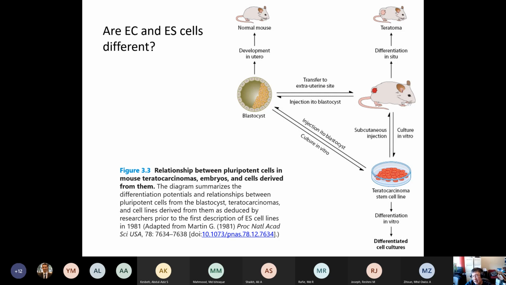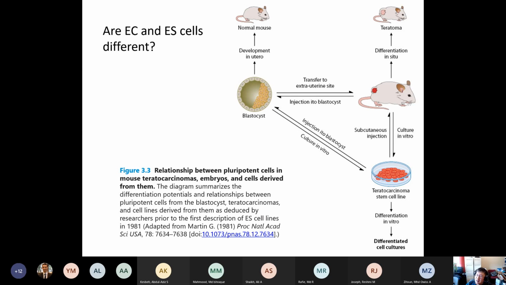Because I think if you check the criteria, the embryonal carcinoma cells can also give rise to chimeras and to another teratocarcinoma, right? Those are the criteria of pluripotent stem cells.